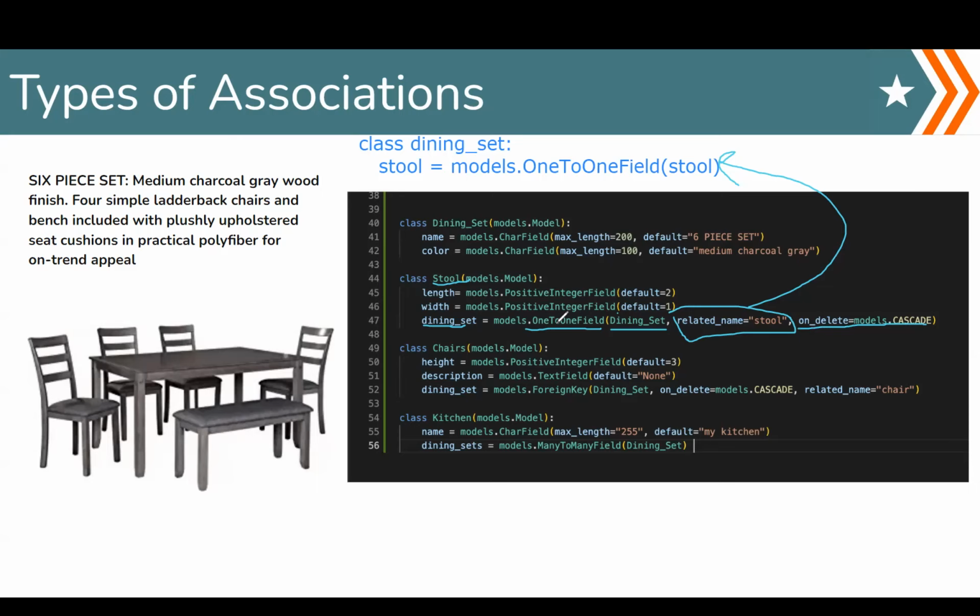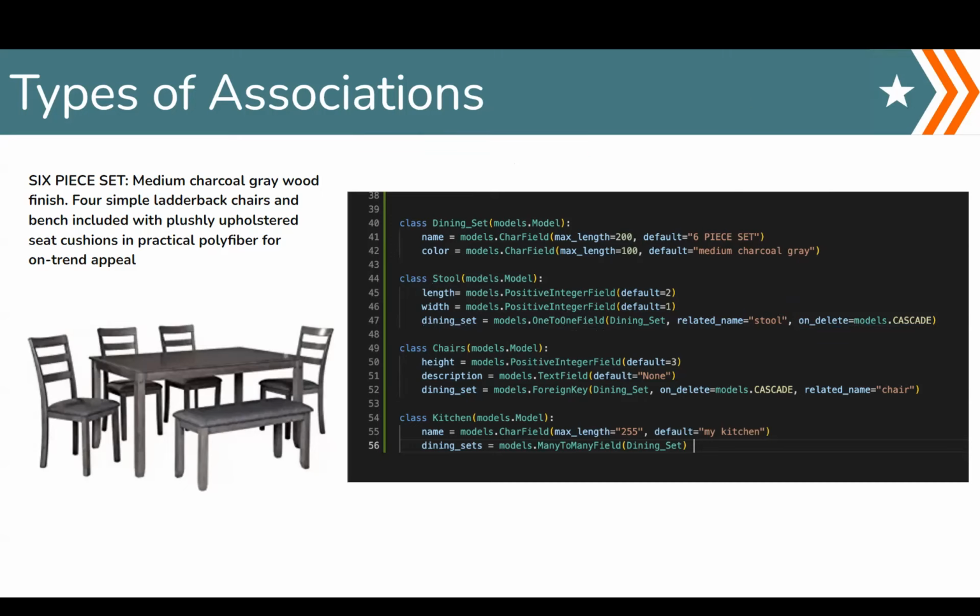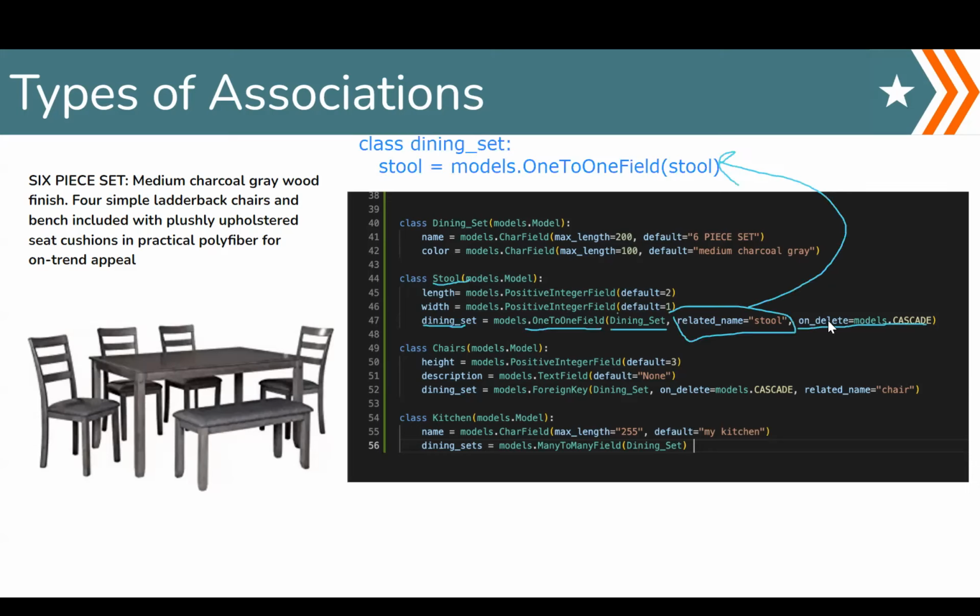And those are the three components of a field. For any field, it's the type of field, and then open parenthesis, and then say what thing it's associated with. You need to put a related name that basically says how do I backtrace this in the other class? And then when I delete it, I want to delete with models.CASCADE.